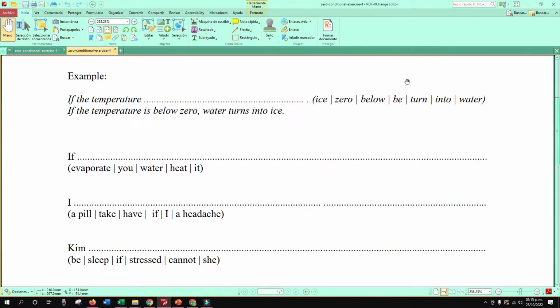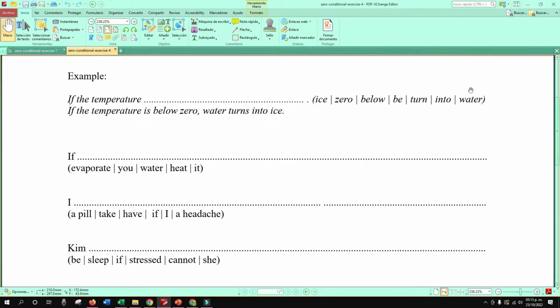So you're going to use these words to write down the result. For example, if the temperature is below 0, comma, water turns into ice, right?